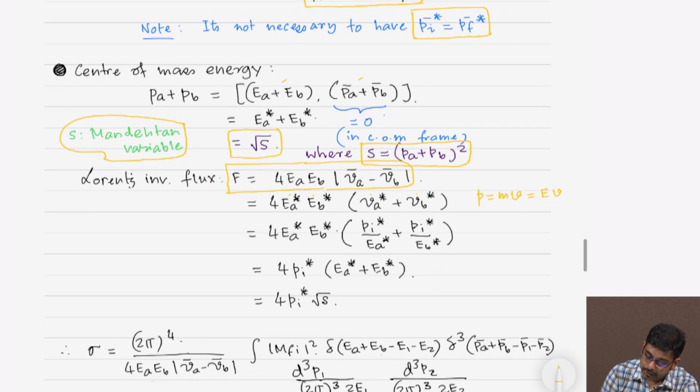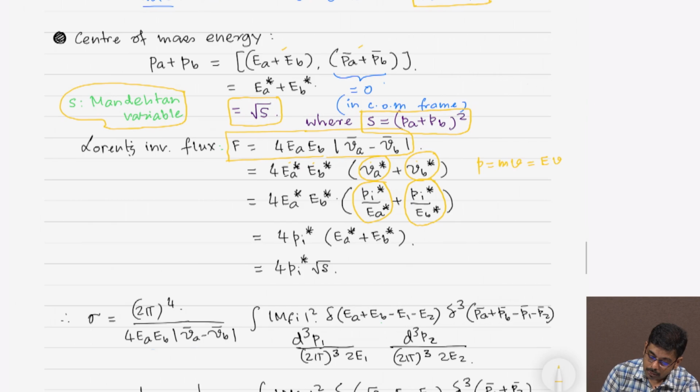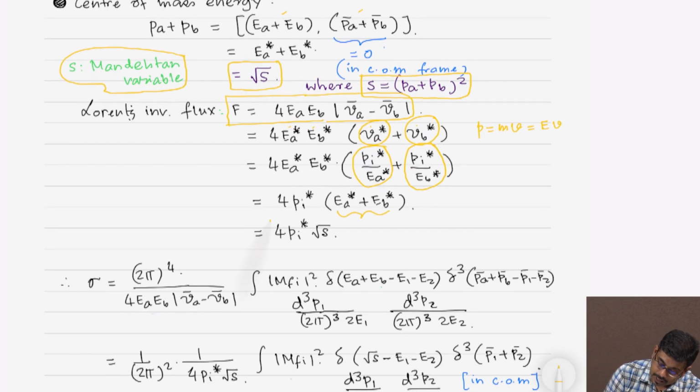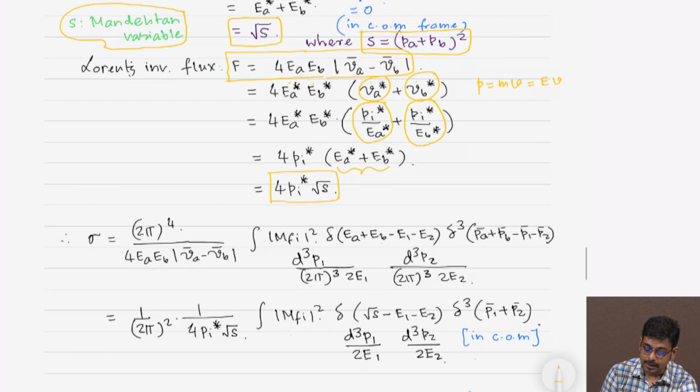Therefore, we can replace Va star by Pi star by Ea star, and similarly Vb star by Pi star by Eb star. Now, you see that Ea star Eb star in the denominator cancels, Pi star you can take as common, and it turns out to be 4 Pi star into (Ea star plus Eb star), and this is nothing but the center of mass energy, square root of S. So, therefore, 4 Pi star into square root of S.